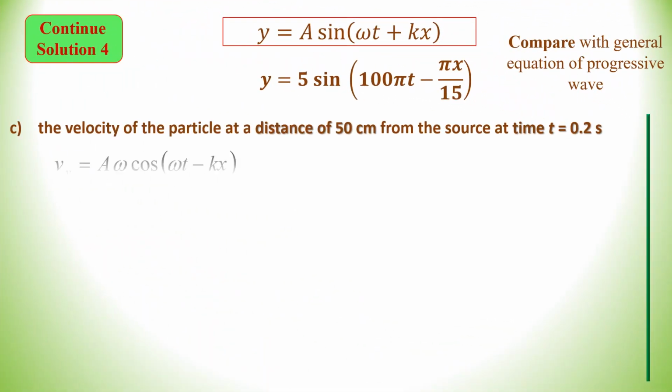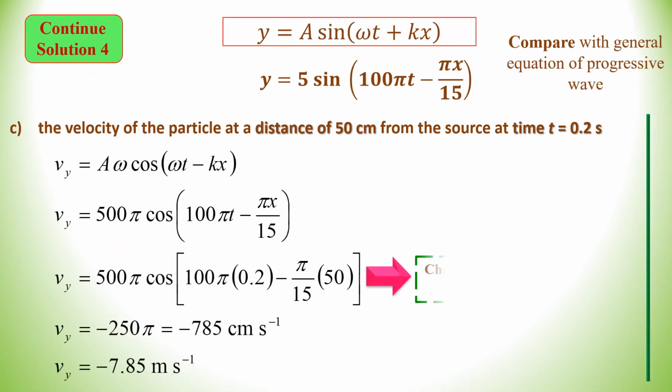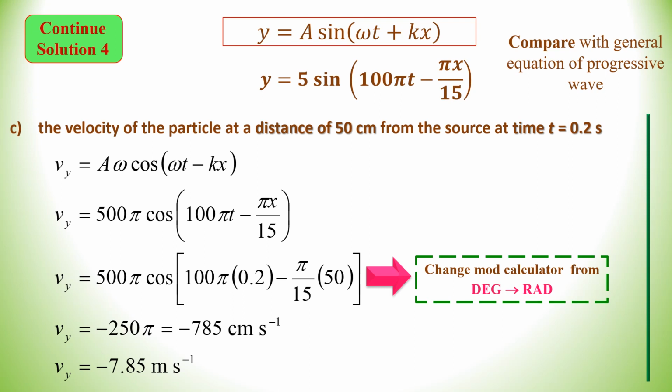Next, question C. Calculate the velocity of the particle at distance x, 50 cm from the source, at time t equals 0.2 second. From the previous slide, we have differentiated dy/dt, which is our velocity of the particle.